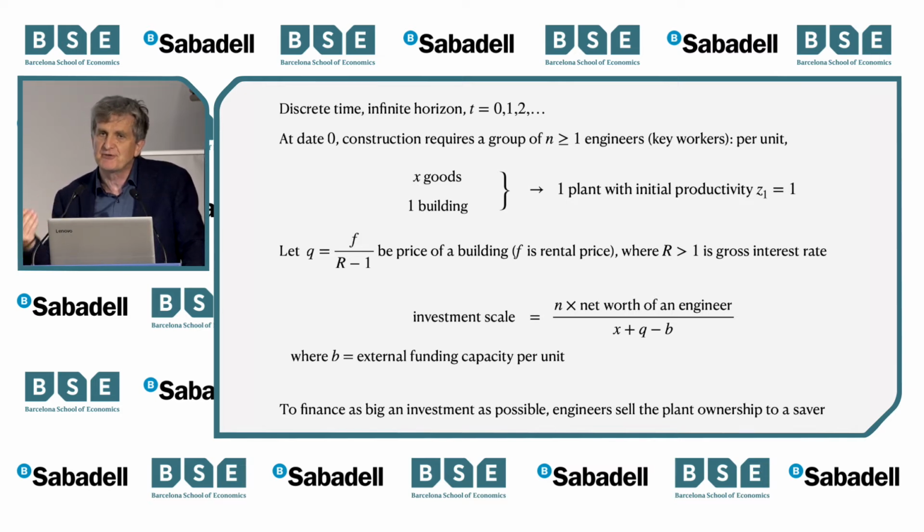So have in mind that this project has intrinsically a return which is superior to R, which is why I want to, other things being equal, push up the scale of the operation as much as possible. Now, given all that I just said, the way to raise B as much as possible is to sell as much of this project as I can to you.